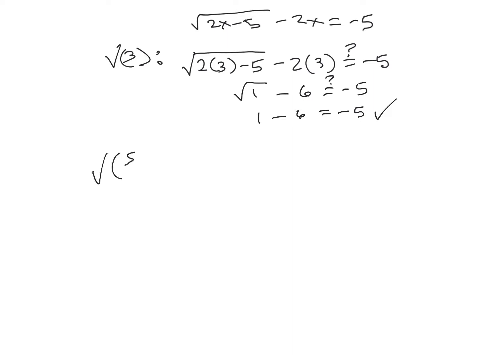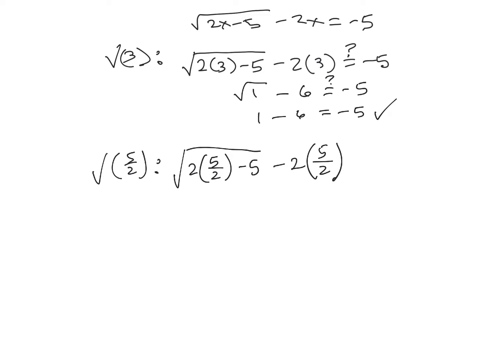So what about 5 over 2? And I know this looks gross, but things are going to clean up really quickly, you'll find out. So does the square root of 2 times 5 over 2 minus 5 minus 2 times 5 over 2, does that equal -5?